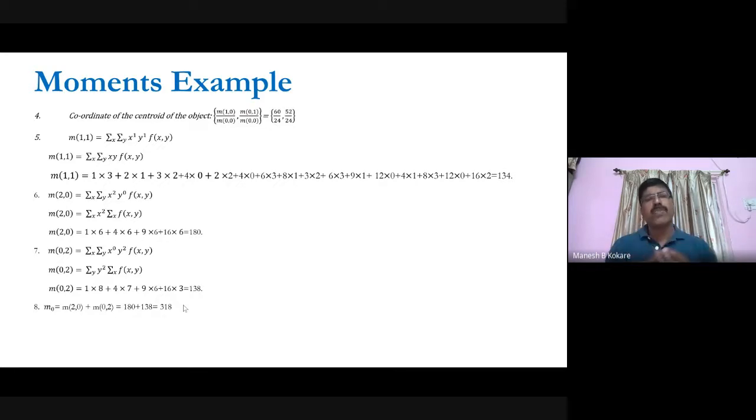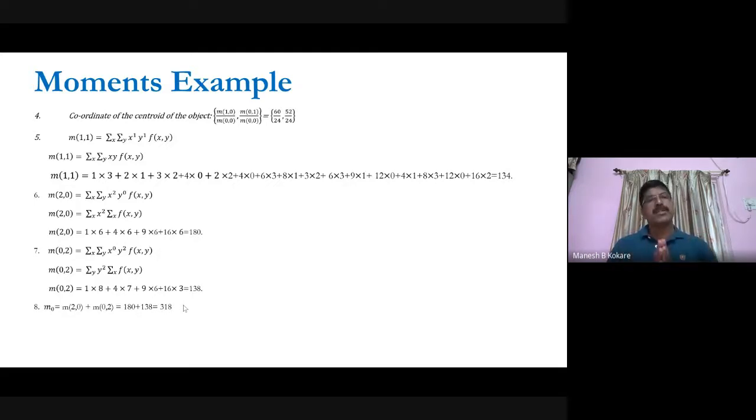Now from that one, can you calculate whether these features are translation invariant? So definitely you can obtain the translation invariants and so on. Even if you rotate, you can obtain the rotation invariant features, and scale invariant features by normalizing the things and so on.